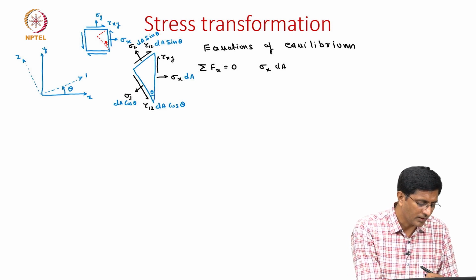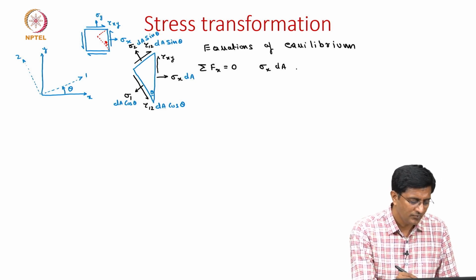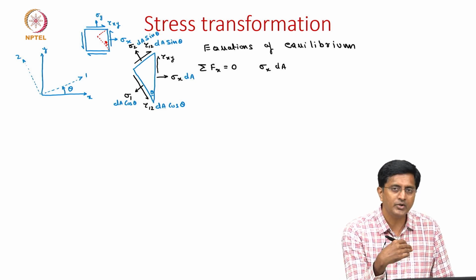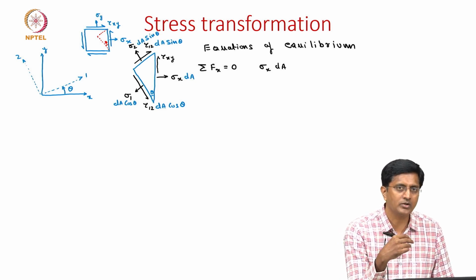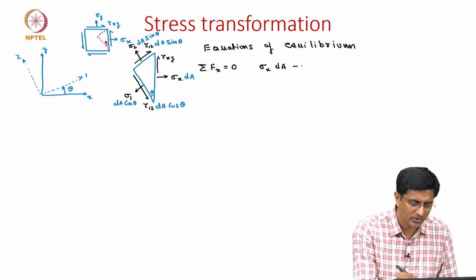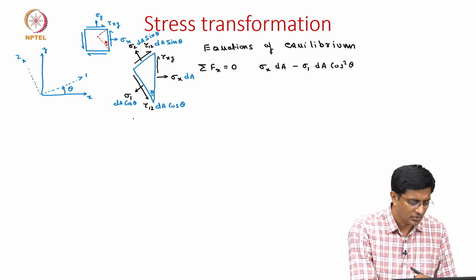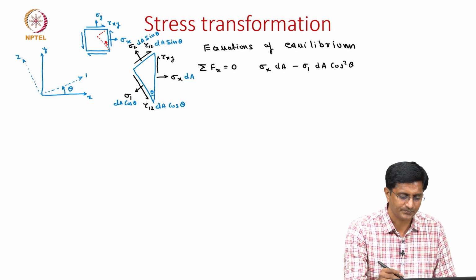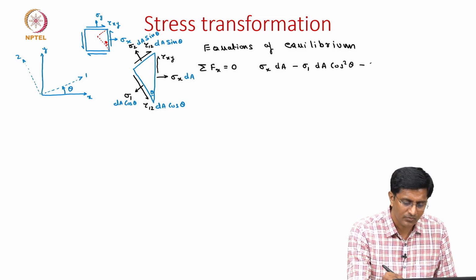And now looking at this sigma 1 term, we see it is at an angle, it is not exactly horizontal. So, we need to take a component of it along the x axis, which happens to be sigma 1 dA cos square theta. So, we have another cos term coming because of the component of the force, and for sigma 2 we have dA times sin square theta.